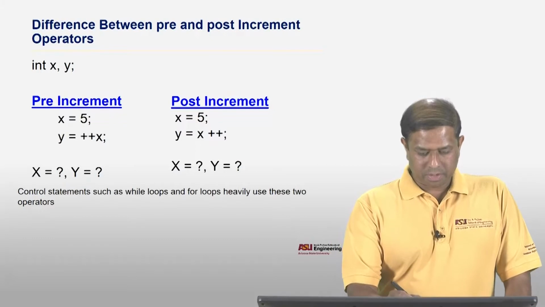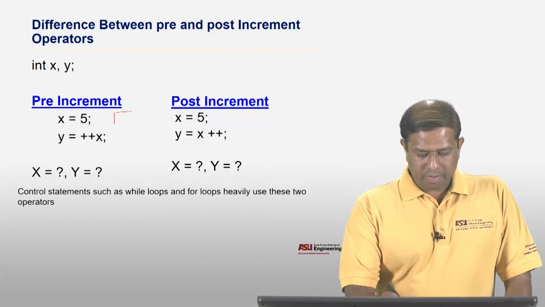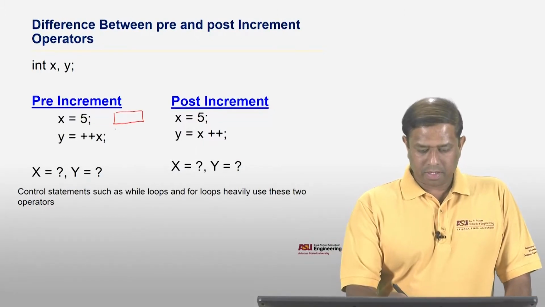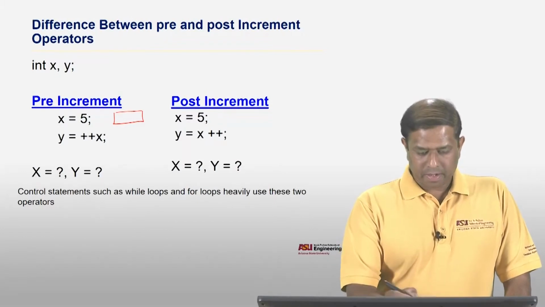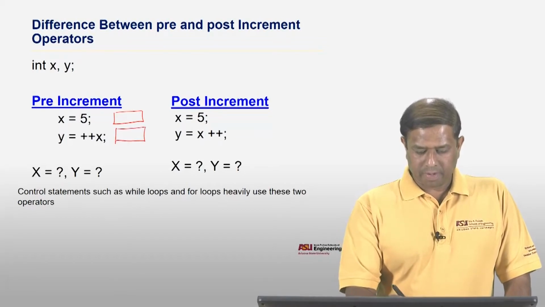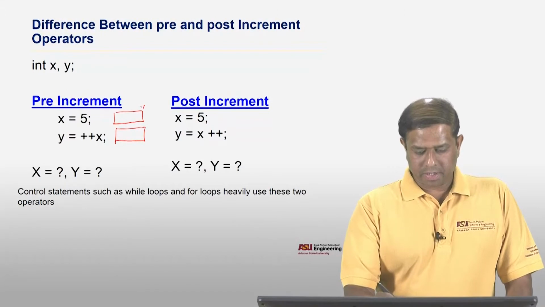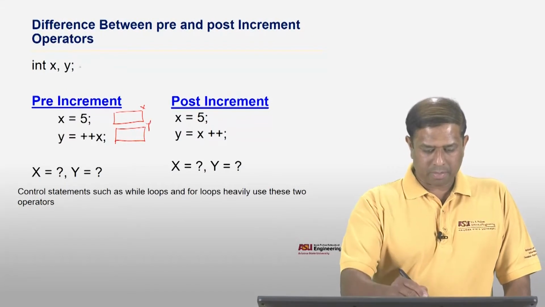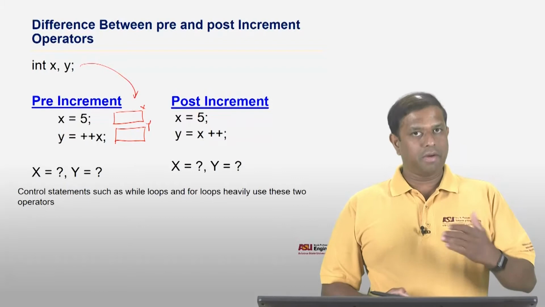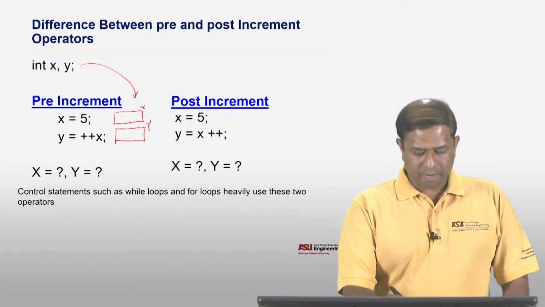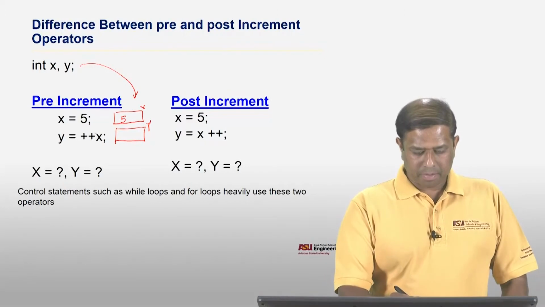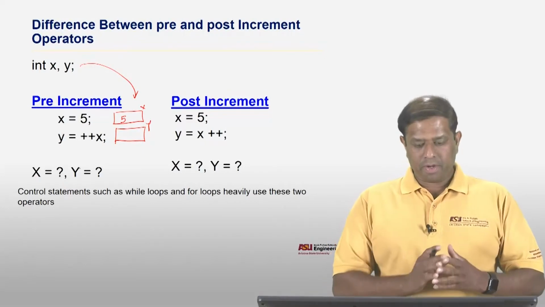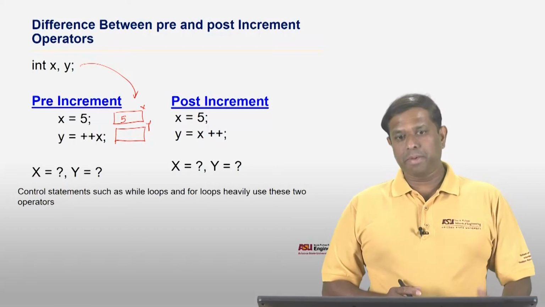We know that placeholders are assigned in the computer memory for these 2 variables x and y, and initially both of them are empty. So this is x and this is y. That is what happens when we define them. After defining them, we put 5 into the variable x. Now after that, we have plus plus x here.